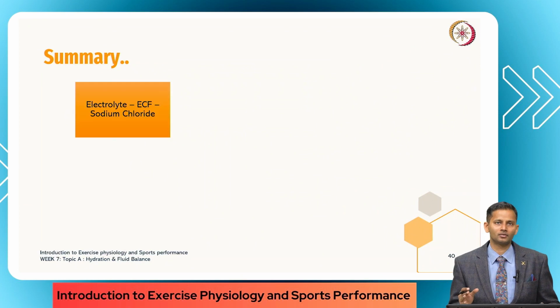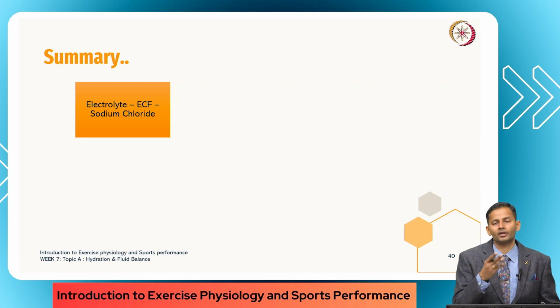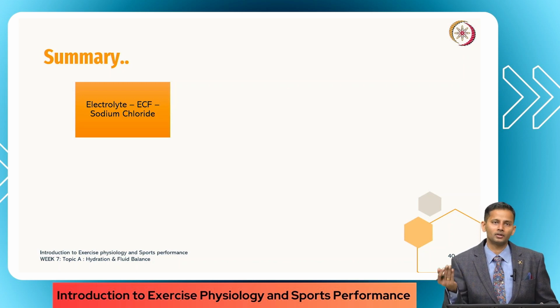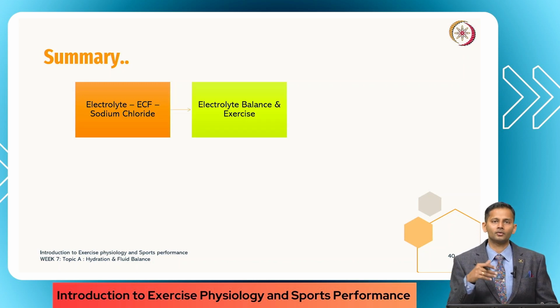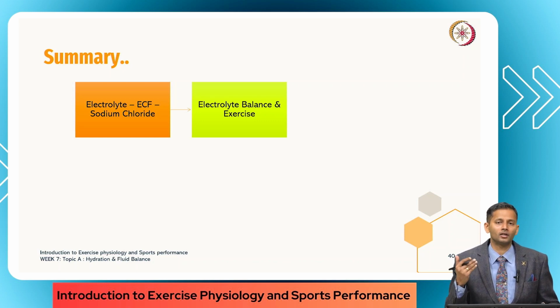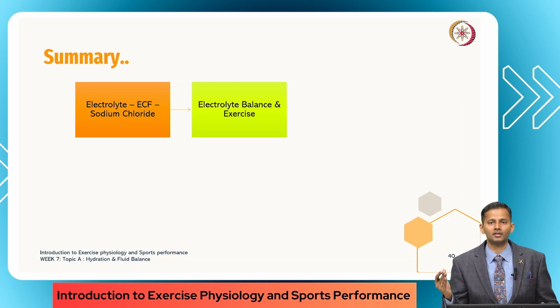So to summarize hydration and fluid balance, we went through various ways by which the electrolyte is distributed in the body in terms of extracellular fluid because of the sodium, in the intracellular fluid because of the calcium, in the intracellular fluid because of the potassium, and the equilibrium is maintained between the ECF and the ICF.